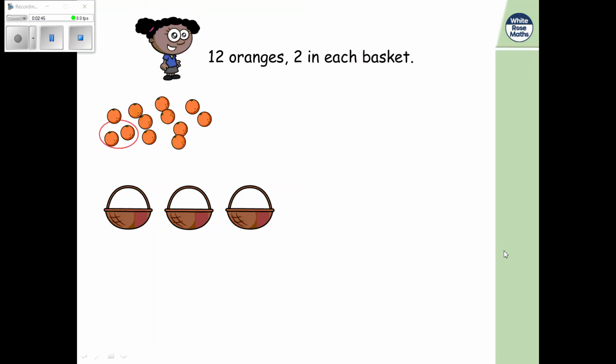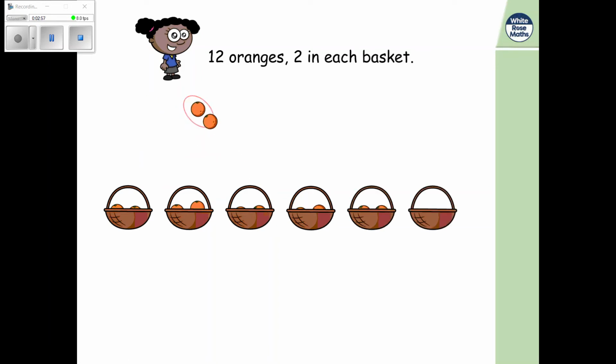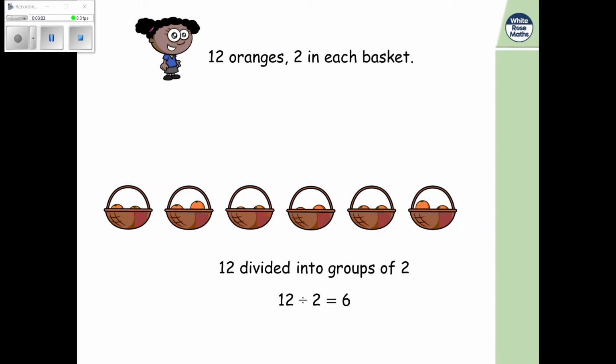So let's have a look. So there's 2, and they're going to put them in the baskets now. So as you can see, they're having to add some more baskets because they only can have 2 in each one. So 12 divided into groups of 2 equals the number sentence 12 divided by 2 equals 6.